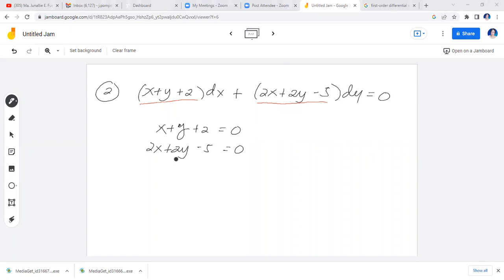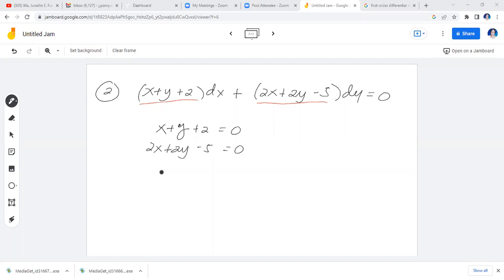If you look at the coefficients of the variables x and y here, they are not the same, but they are of the same multiple. Your x plus y was simply multiplied by 2 to give you 2x plus 2y. Whenever you have this case, not looking at the constants, you have a case of parallel lines.